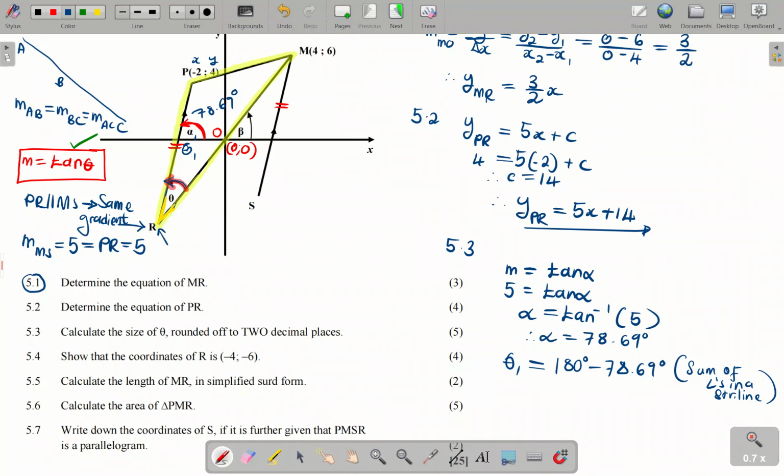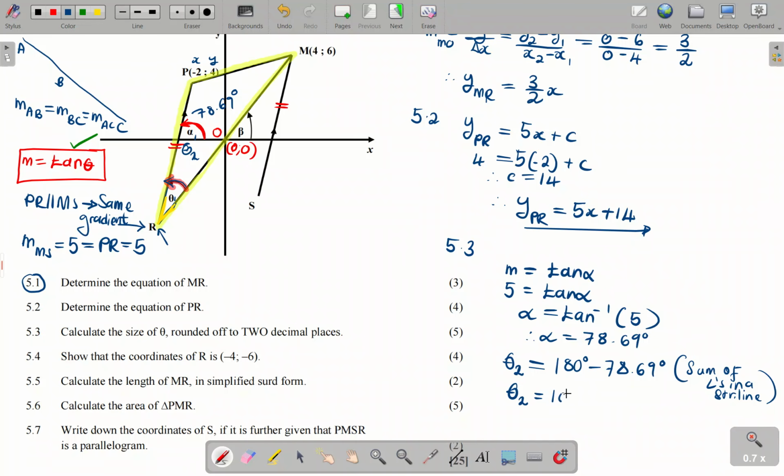So now let me see what I have there. 180 subtract that one. So now theta 2, of course, theta 2. So this can be theta 1, theta 2. So theta 2 is just going to be 101.